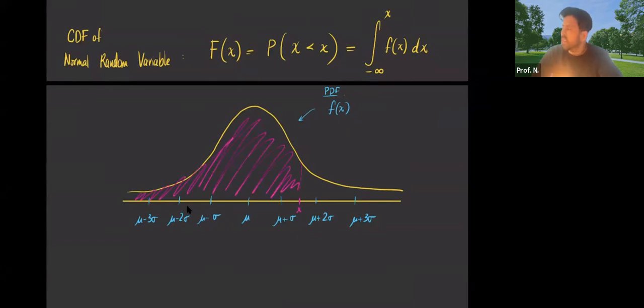Remember, as I discussed with the uniform random variable, the area becomes synonymous with probability. So this area will be the CDF, in other words, the probability that my random variable is less than x, which is equal to the area underneath the curve. That's what the integration of a particular function gives us.